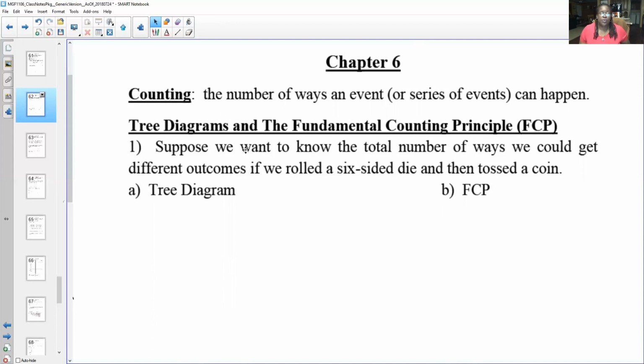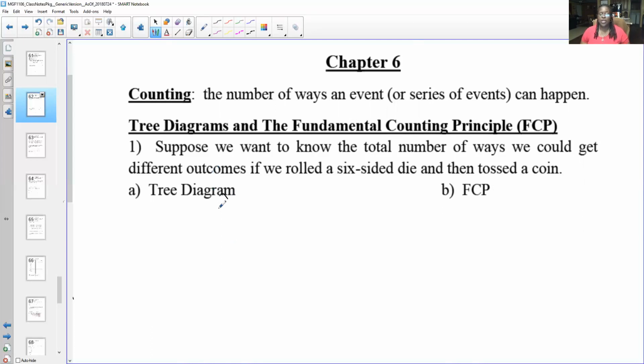Here with this first thing, we're looking at tree diagrams and the fundamental counting principles. Now we're not really going to use the tree diagrams. We're just showing how you can use different techniques to find the number of outcomes of things that can happen.